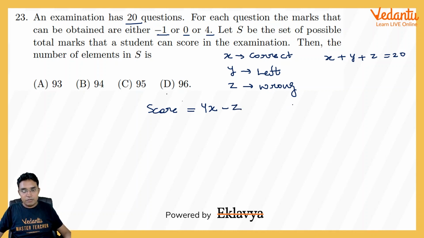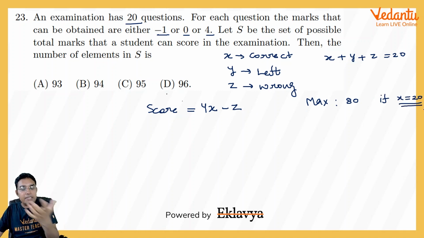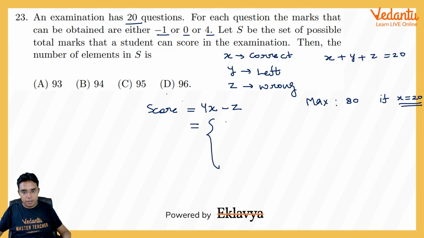So I think it is very obvious that the maximum would be 80, if my X is 20, that is, all questions are correct. Now, what will be the next possible score? Let me write it here: 80 when X is 20. What could be the next score? Suppose I leave one question, but I do not do it wrong.